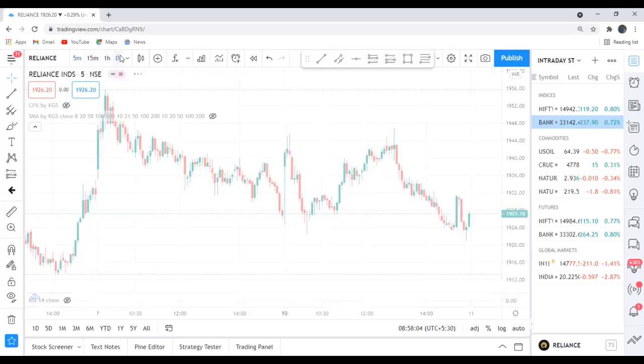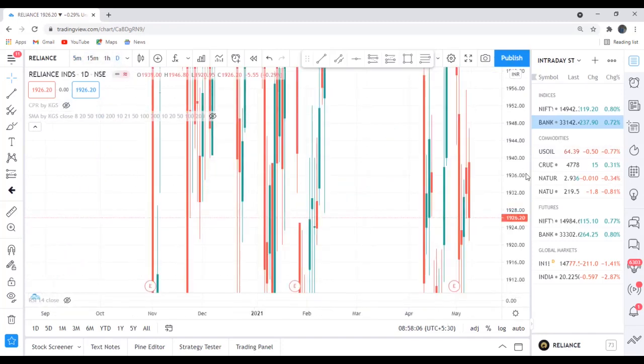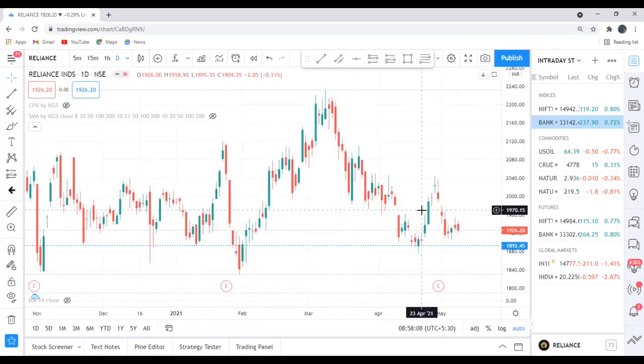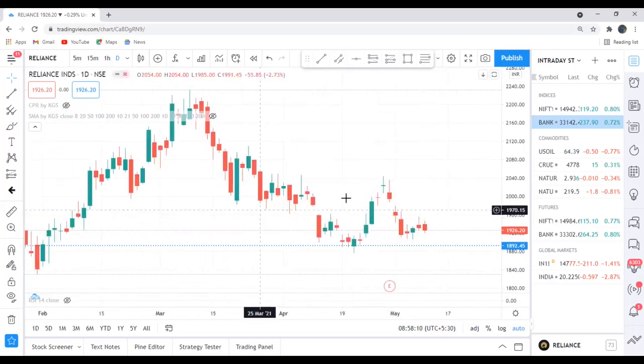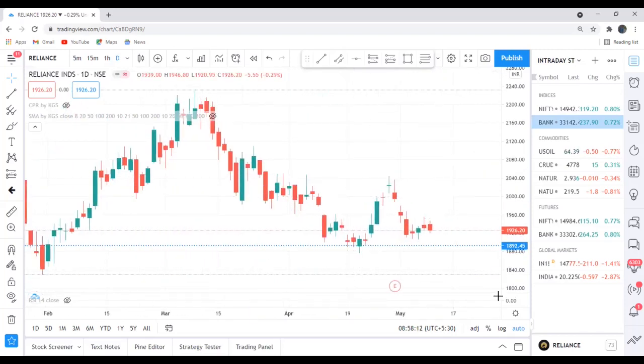I am keeping a 1 day chart here. Observe this candlestick and observe its opening price, low price and high price. Suppose you take this candlestick. What is the open?